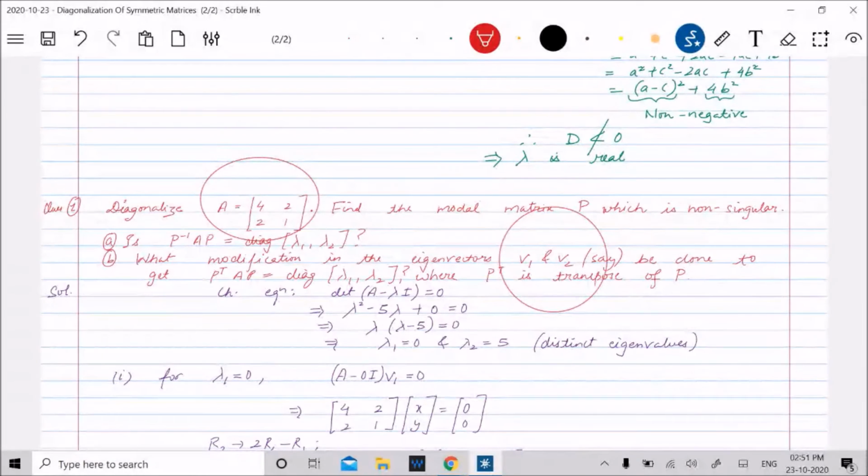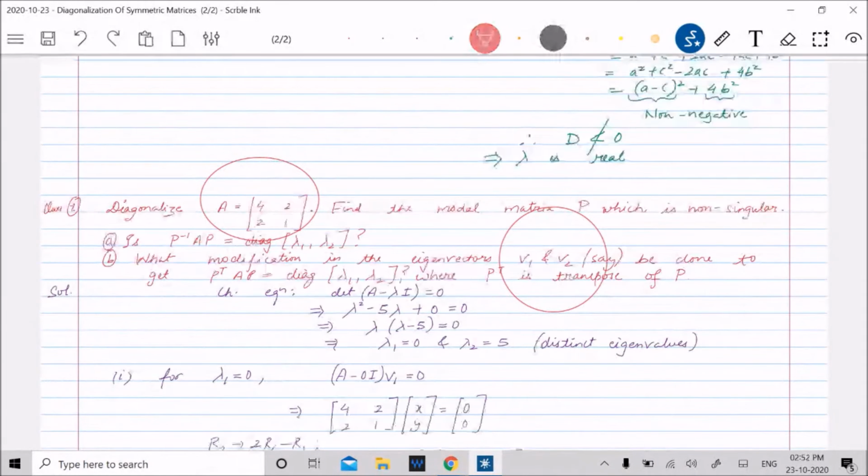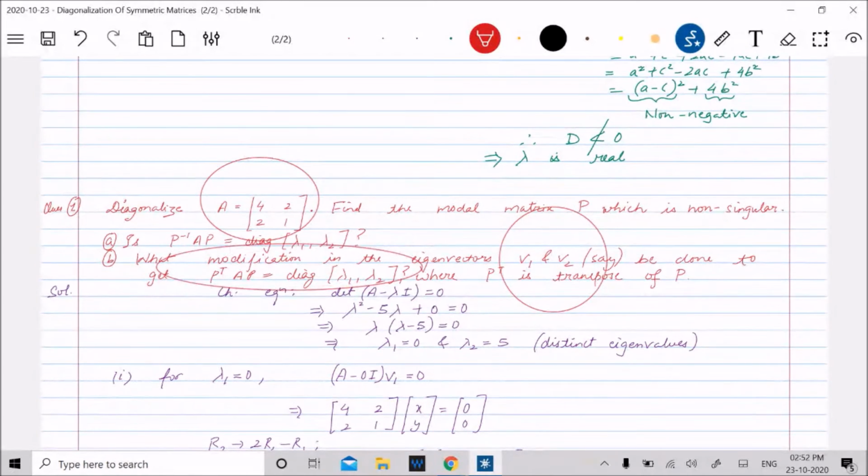That's why symmetric matrices are very interesting. They give you a scope to avoid finding the inverse of modal matrix P. You can just find the transpose, and the great thing is that this formula still holds, just changing P inverse to P transpose. Are you getting my point, Adit?